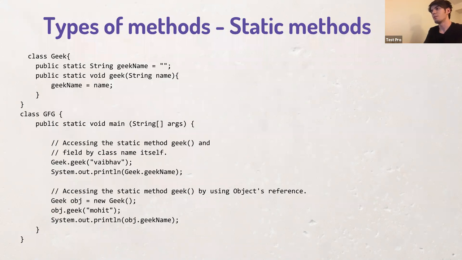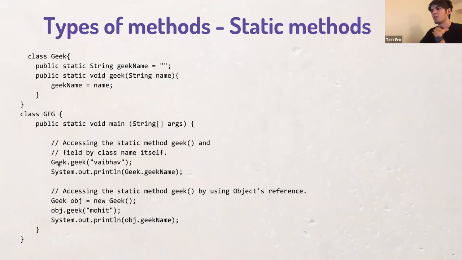Let's say in this example, this is a piece of code snippet. We have a class called Gig, with a public string name, which is empty, and also a method called gig in lowercase. As you can see here, after the comments in the main method, this method is called without instantiating the object.